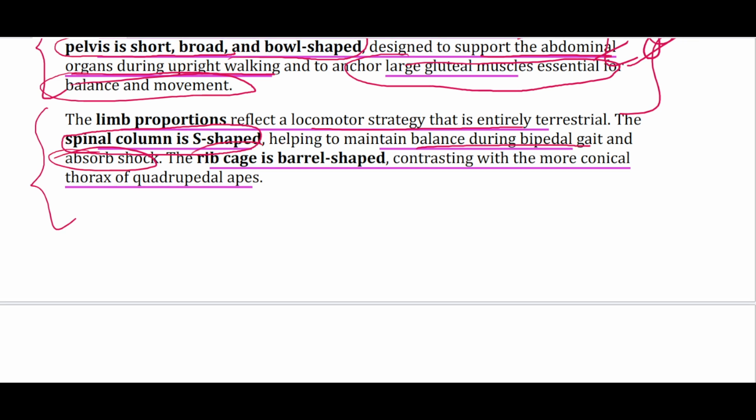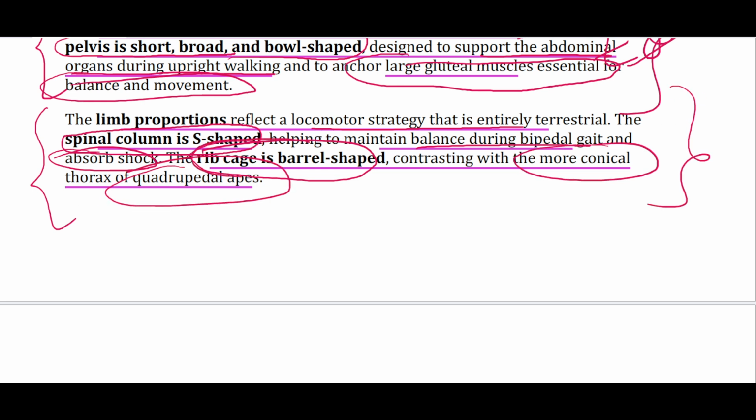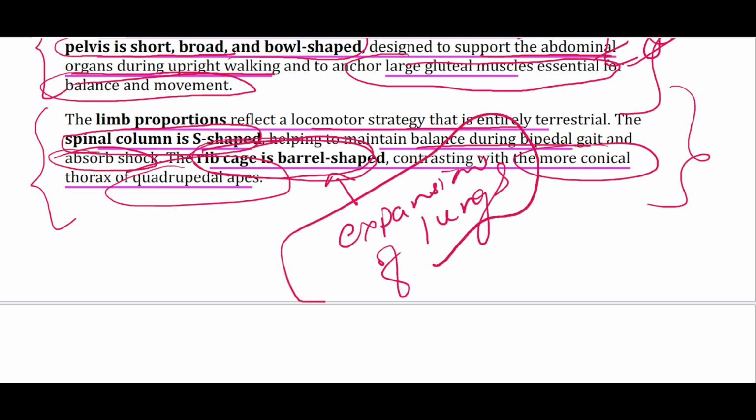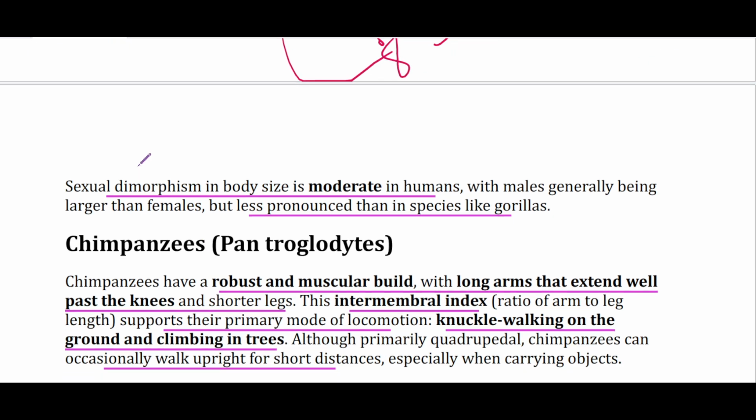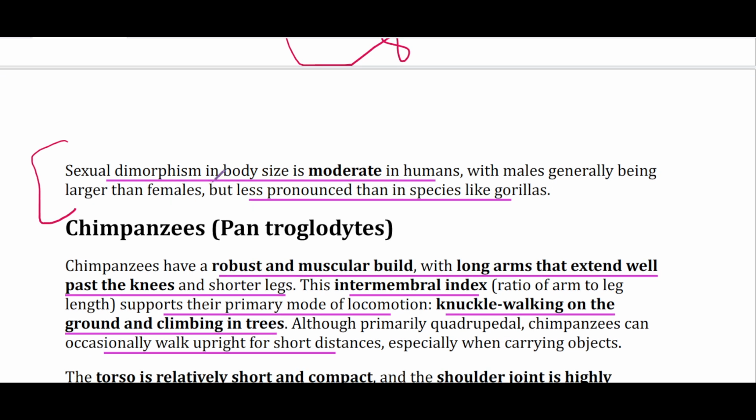Our rib cage is barrel shaped, which contrasts with the more conical thorax of quadrupedal apes, of other apes. So this barrel shaped rib cage is essential for expansion of lungs during endurance walking or running. And finally comes sexual dimorphism.